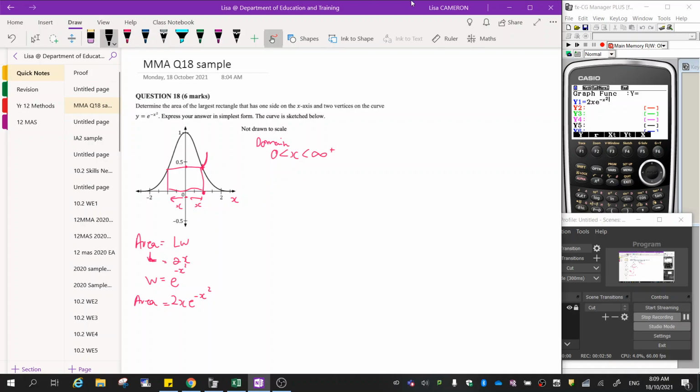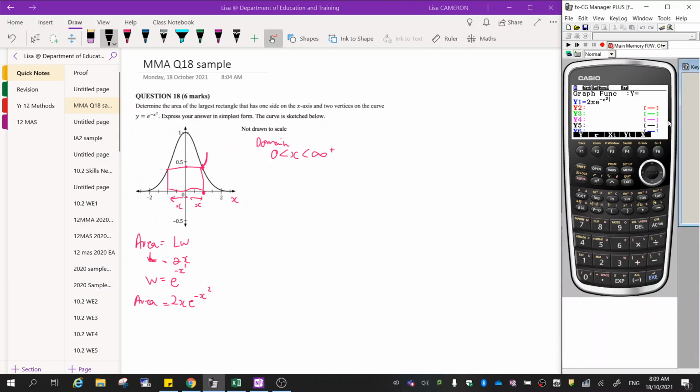All right, so I have sketched the equation over here in my graphics calculator. We're going to look at the expression for the area and what that graph looks like. Now, this is tech-free, so you won't be able to do this. This is solely for understanding. So if I press execute and I draw this thing, now I'm going to go zoom. I'm just going to let this thing auto-zoom.